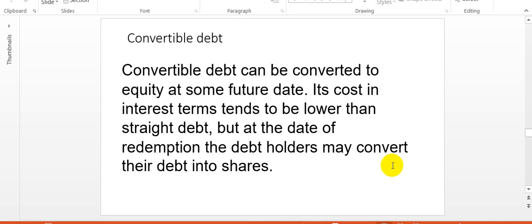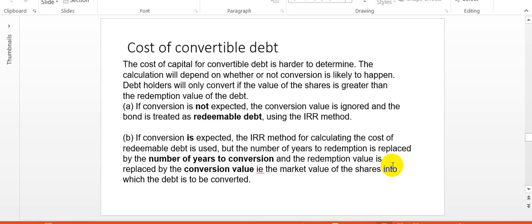So this brings a bit of complication in its calculation, because the bondholders would only convert if the value of the shares is greater than the redemption value.